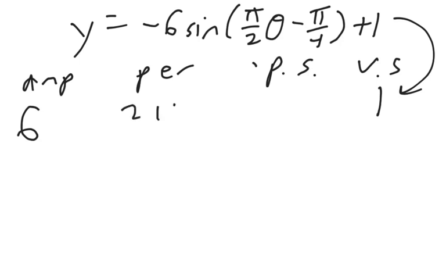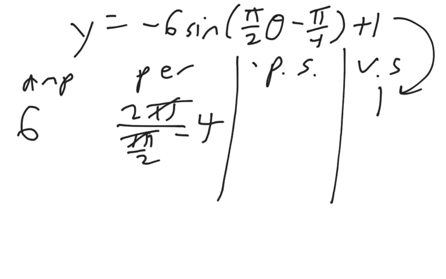The period, 2 pi divided by pi over 2, so the pi's cancel, and 2 divided by 1/2 is 4. So the phase shift, we take whatever's inside the parentheses and set it equal to 0.